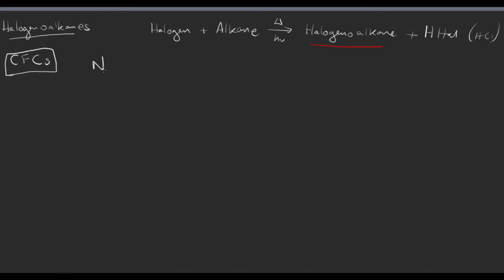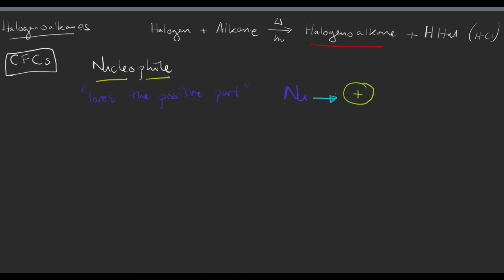Now, need a little bit of background here. A nucleophile is so-called nucleo, meaning the center of the atom, so the positive part, and phile, meaning to love. So a nucleophile is something that loves the positive part. So it's basically attracted to positive things, okay? So if I draw a nucleophile over here, this likes to go towards positive things.